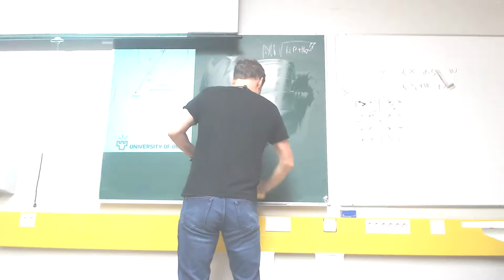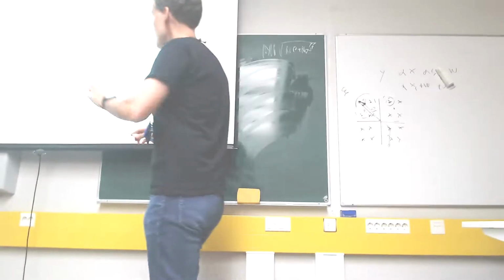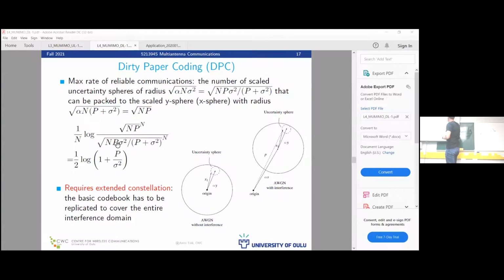Okay, let me go to these steps first, so it becomes clear how this scaling happens. It's actually this slide. So you recall that in the case when we had no interference, we just compared the volume of the y sphere over the volume of the noise sphere.